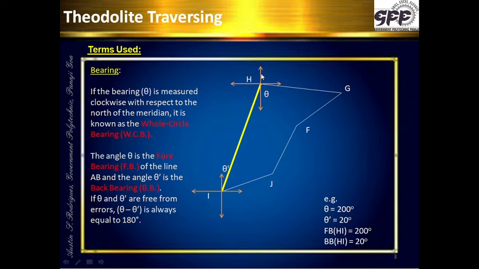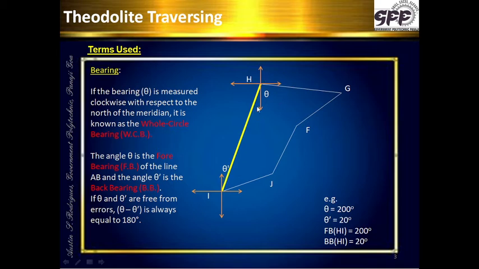Now the angle with respect to the north of the HI line, the angle theta from the north of the HI line, is called the whole circle bearing. The whole circle bearing is measured clockwise with respect to the north. The angle theta is the forebearing of the line. An angle theta dash over here is the back bearing of this line HI. This is the forebearing, that's the back bearing over here.